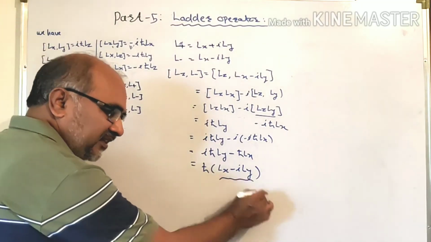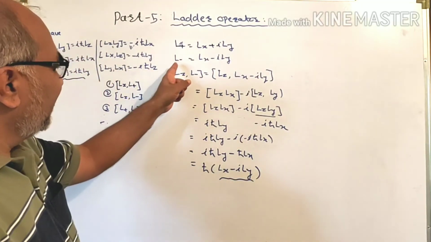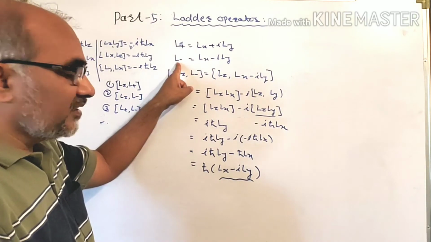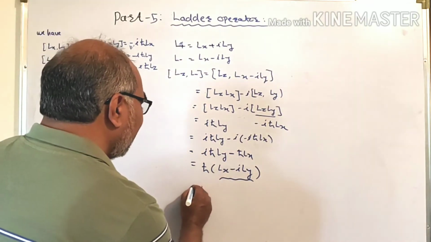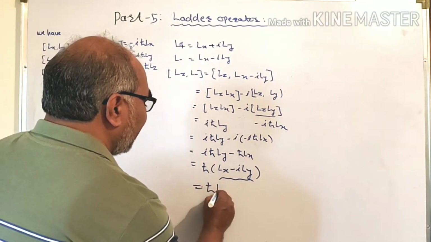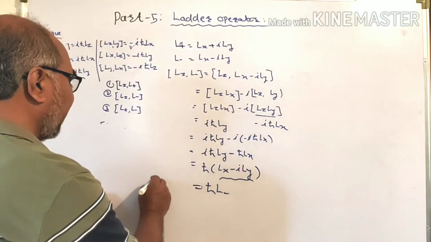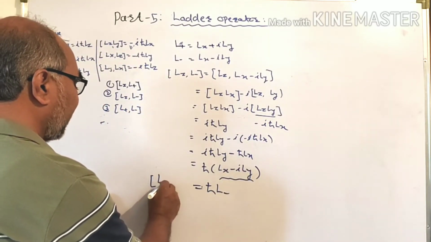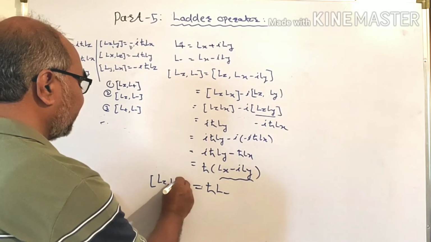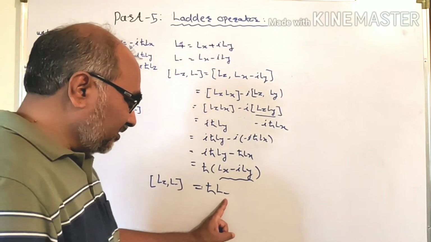And what is this Lx minus i Ly? It is L minus. Therefore the relation is Lz L minus equal to minus ħ L minus.